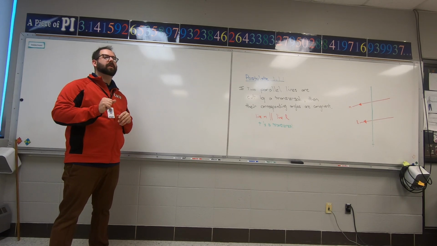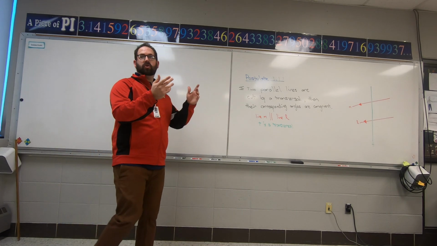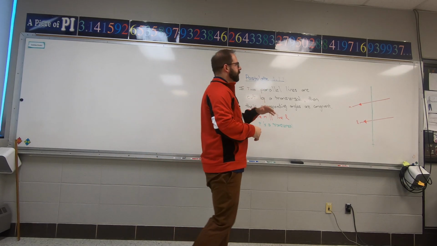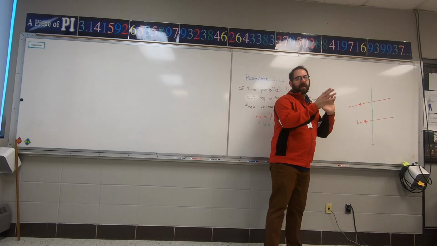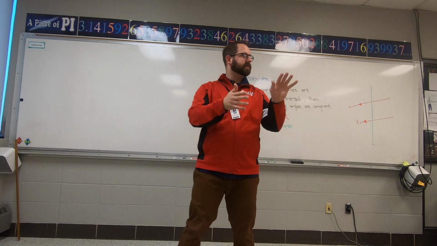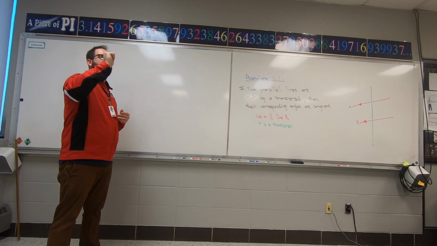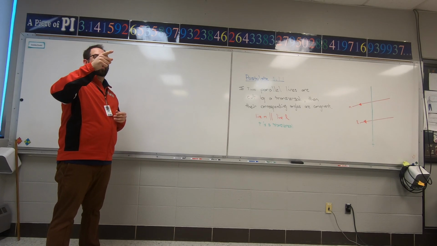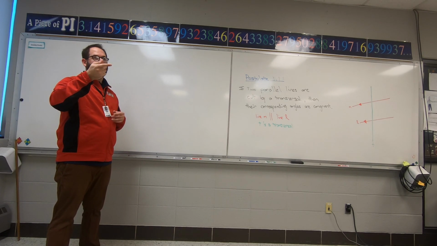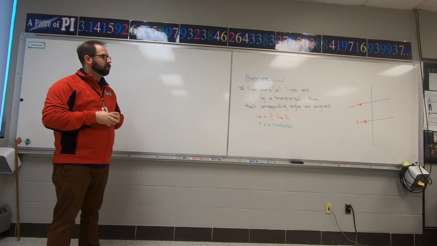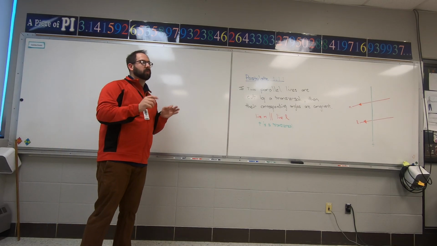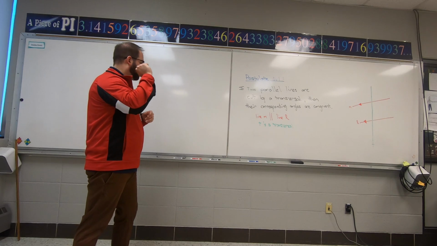Do they have to be on the same side of the transversal? Yeah, they have to, so the angles you're going to choose are on one side of the transversal, either on the right or the left. You can't mix them. So let's say we pick the right side. Okay, good. That's a good rule. Somebody else now. What's another rule? One has to be on the inside. Yeah, one has to be on the inside, one has to be on the outside, right? So one's interior, one's exterior, and there's one more rule. They can't be touching each other. They cannot be touching.